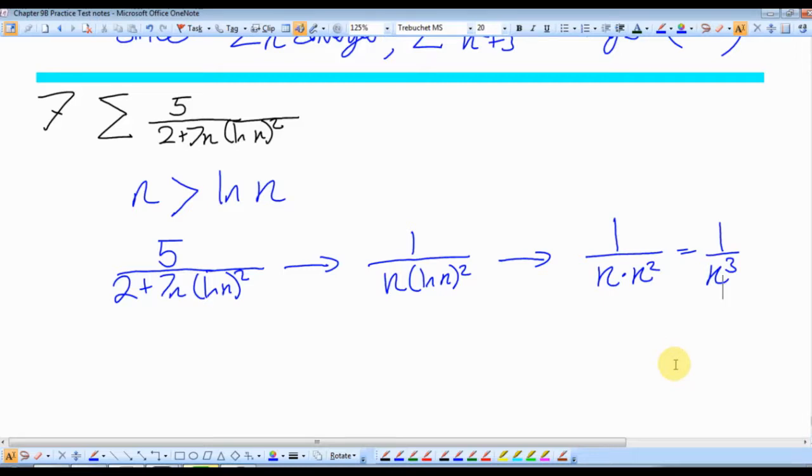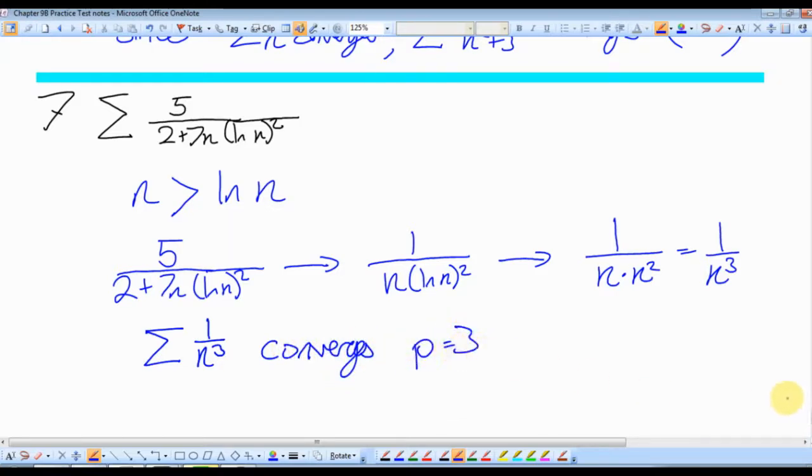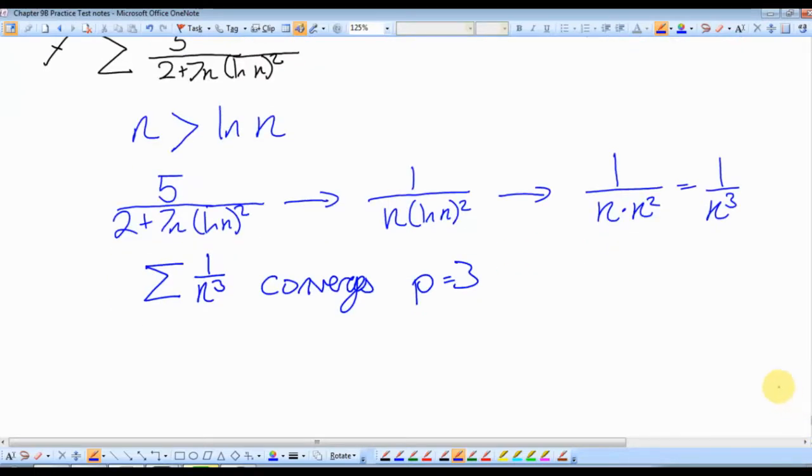Okay, so we're going to compare these two. We should probably figure out if this converges or diverges. 1 over n cubed converges, p equals 3. So let's go ahead and do this one.